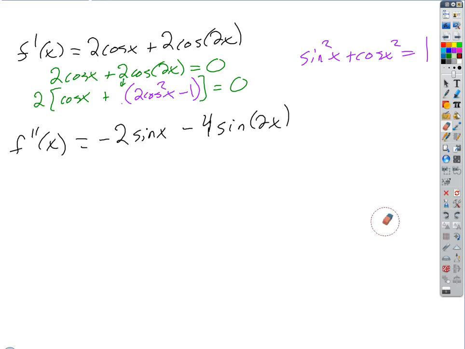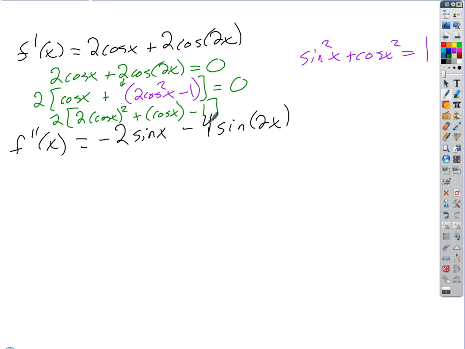So we've got now 2 times the quantity 2 cosine x squared, because that's what cosine squared x is, plus cosine x minus 1, right?